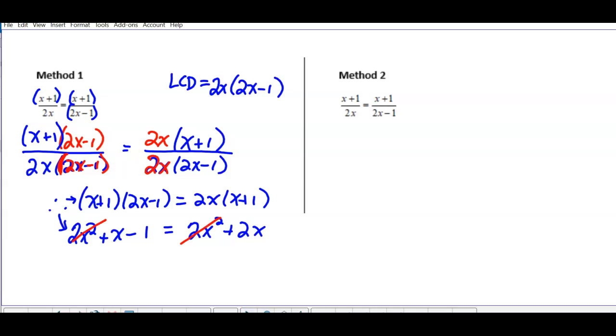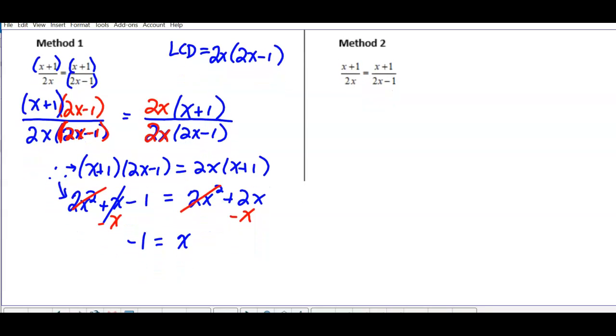Those go to 0. So then I'd actually subtract x on both sides. Okay, and I like to show this with the x first. So this had -1 and then x on the right, but I just like to rearrange it. Okay, when you're solving the equation, it's better to have the x or variable first.